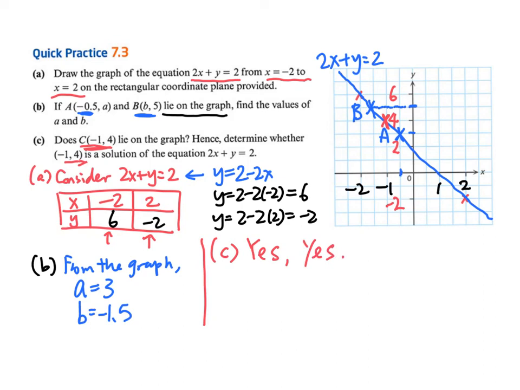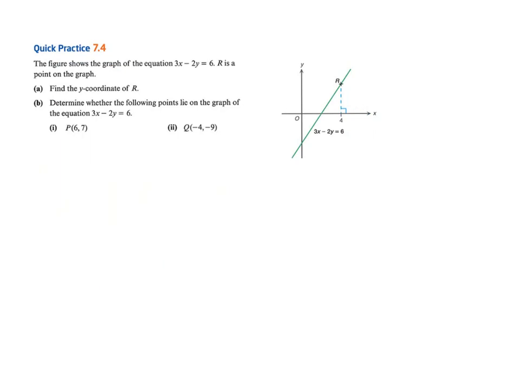So this is quick practice 7.3. Now quick practice 7.4. Again, this time you have the graph. For part A, the question asks you to find the y-coordinate of R. In the graph, you can see that the x-coordinate of R is given. It is 4, but the y-coordinate is missing.